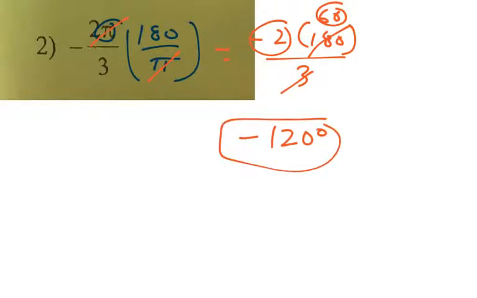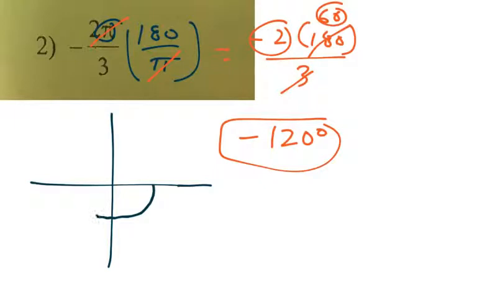Now, it's important again to know what that means. Even though the teacher may not have asked you yet, he or she eventually will. What does a negative 120 mean? Negative 120 means you rotate clockwise in the opposite direction here. And I'm going to end up basically somewhere about right here.